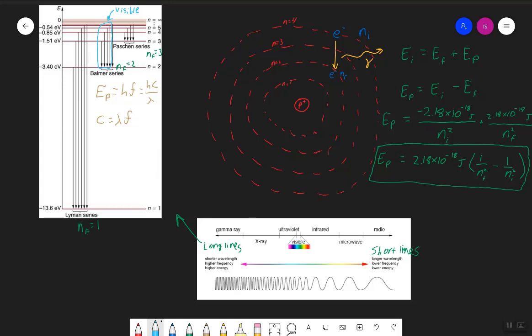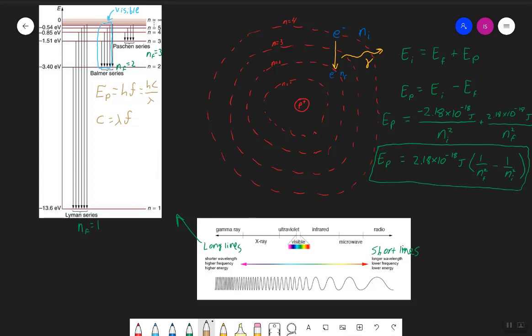But now we want to look at the wavelength. Now E, we know, is hc over lambda, so let's derive this Rydberg formula. The reason the Rydberg formula is important is because often we look at the color of light in terms of the wavelength, so we want an explicit formula to get the wavelength.